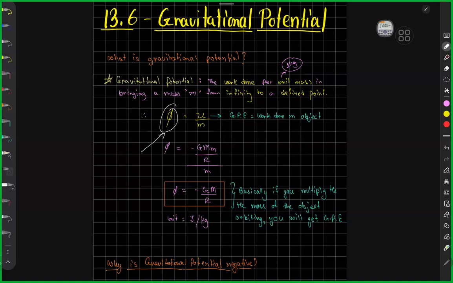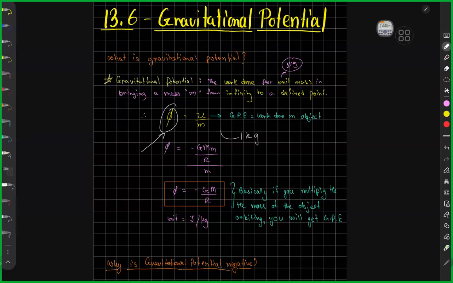And this is simply going to be u, or gravitational potential energy itself, divided by the mass. So what you're essentially finding is gravitational potential energy on 1 kg of mass, because you're dividing the mass away. Same thing we did in case of gravitational field strength.